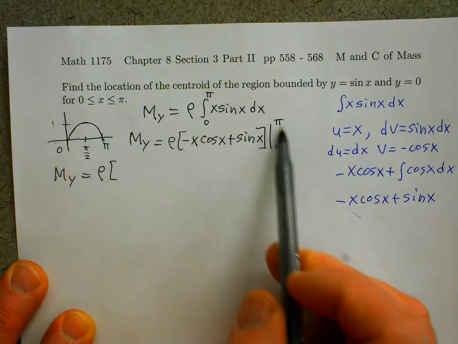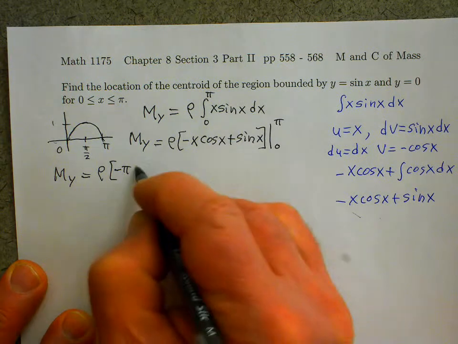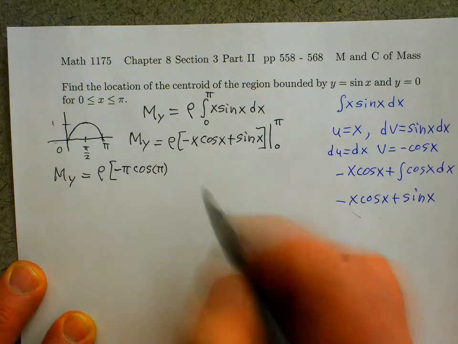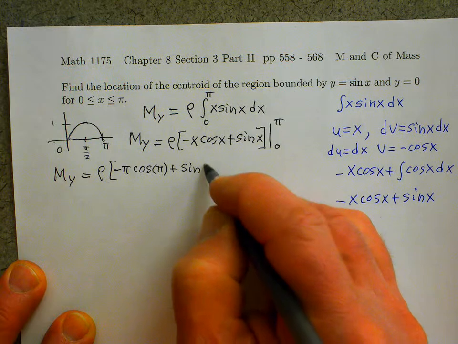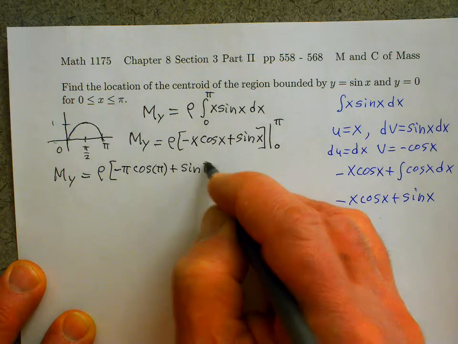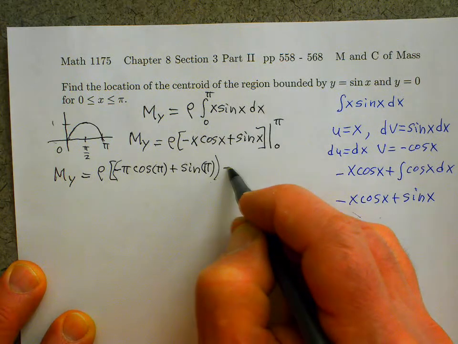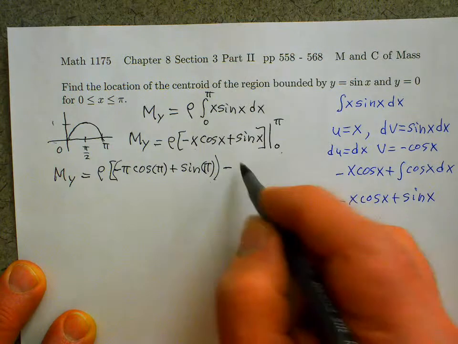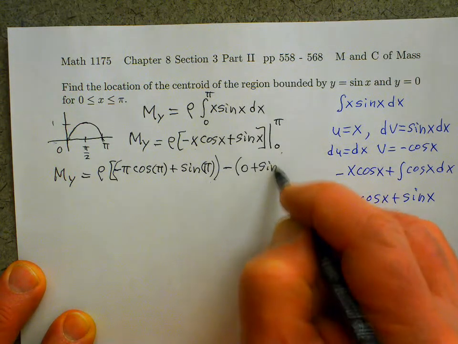Okay, so when x is pi, we get negative pi times cosine of pi plus sine of pi, and then when x is 0, this term is going to be 0 because x is 0, and sine of 0 is also 0.